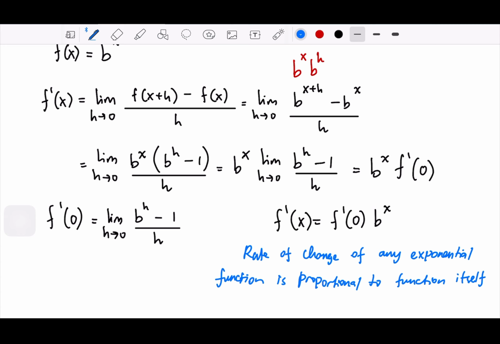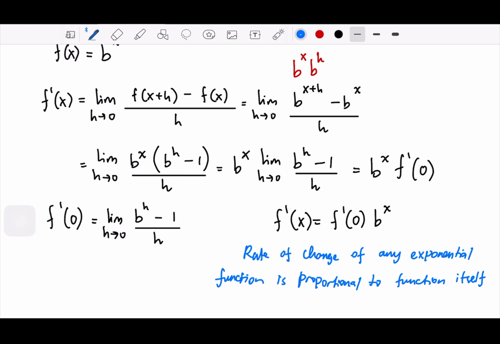It means that if you differentiate any exponent, for example b to the power of x, the result should have those terms. And remember, maybe some of you still remember, if you have e to the power of x and you differentiate, it's still e to the power of x, right? So that means that every exponential, if you differentiate, the original form of those functions will appear.